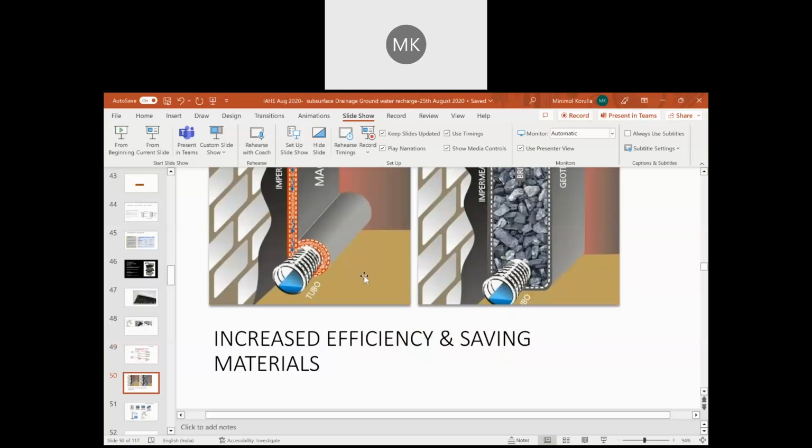I want all of you to note that as the pressure is increasing, the capacity is getting reduced, taking the hydraulic gradient as constant. And thickness of composite material should be greater than 5 mm.